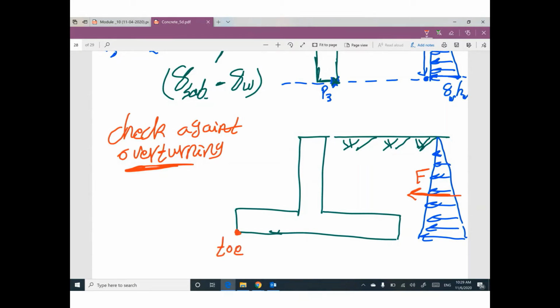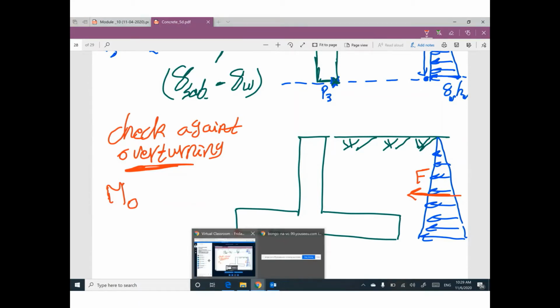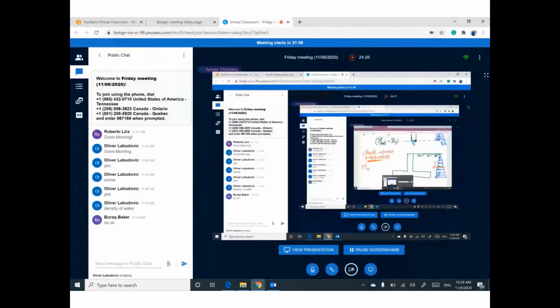Second question, which force will make the overturning moment? Which force will try to overturn this retaining wall? Which one? The lateral force?